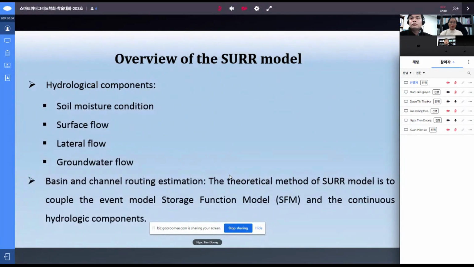In the SUR model, the hydrological components are calculated into the soil moisture, surface flows, altitude flows, and groundwater flows. About the basin and channel routing estimation, the theoretical method of the SUR model is to couple the event model storage function and the continuous hydrologic component.